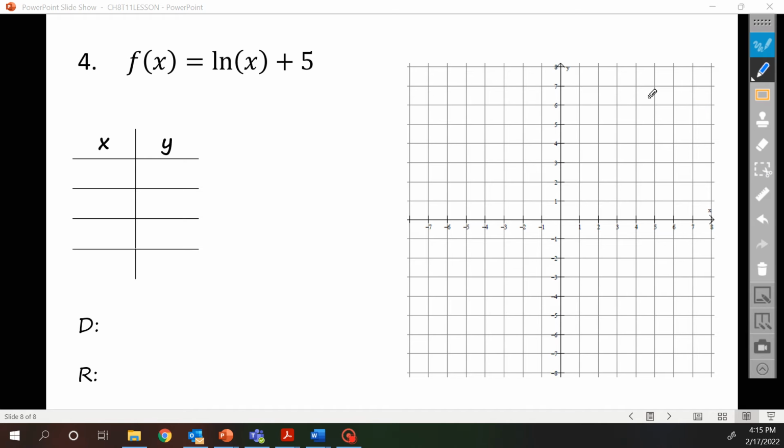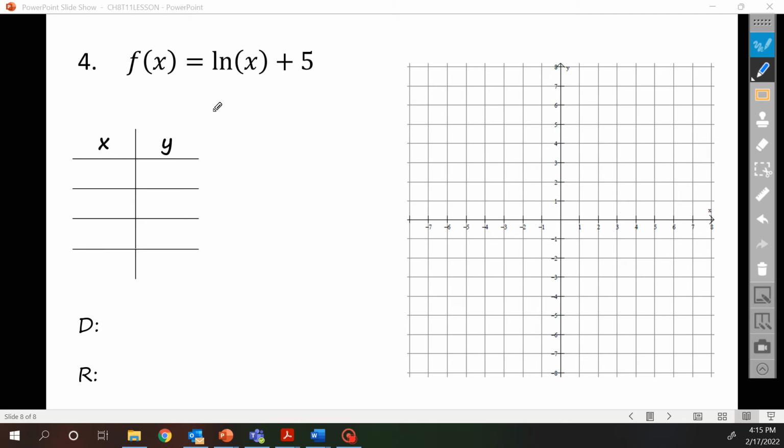Lastly, here we have a natural log function, and unfortunately I will have to use the calculator for this one, because the only logs that I can evaluate to get whole numbers with the natural log are powers of e, and powers of e need the calculator anyways.